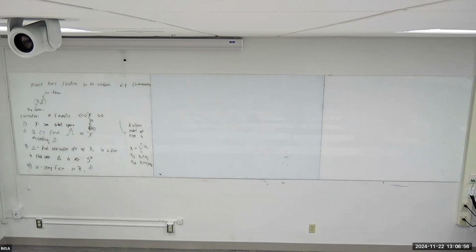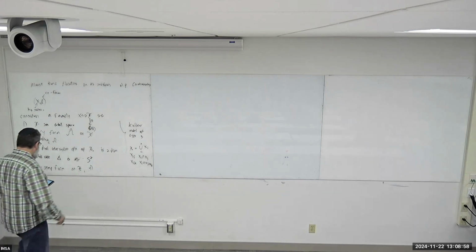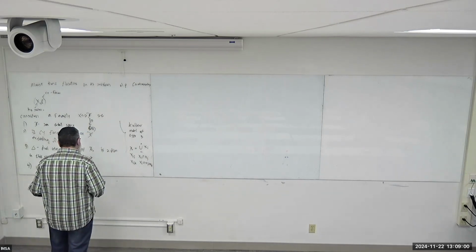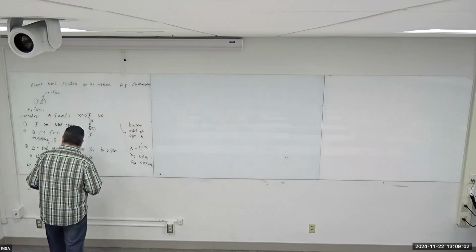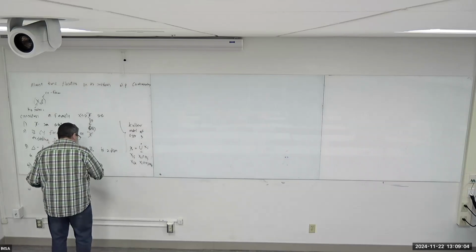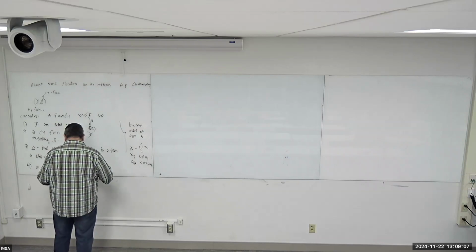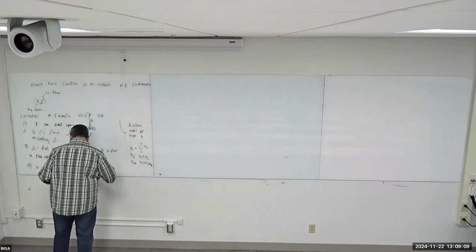Now, for omega the symplectic form, we assume some kind of orthogonality.